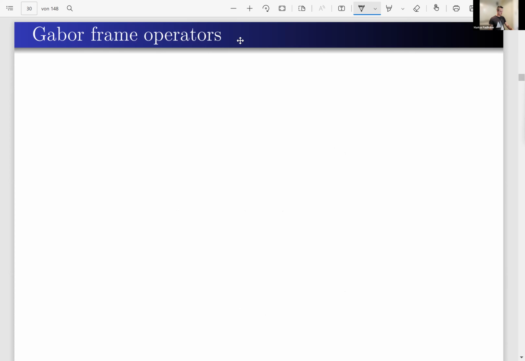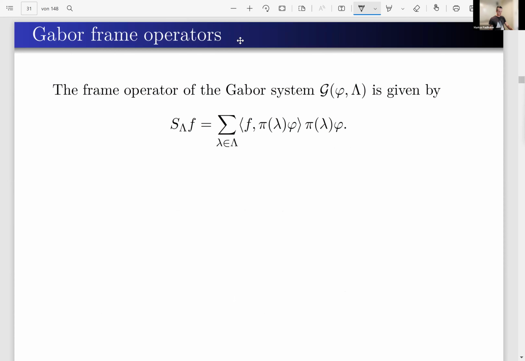Associated to such a Gabor system, we have a frame operator, and this formula here should be compared to an orthonormal expansion of an element in a Hilbert space.